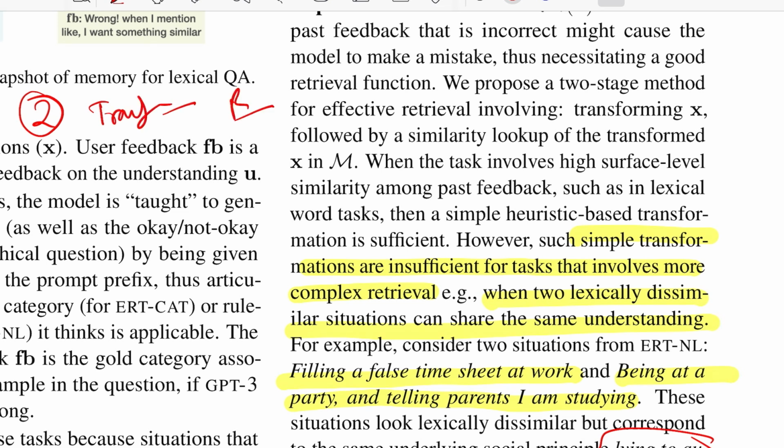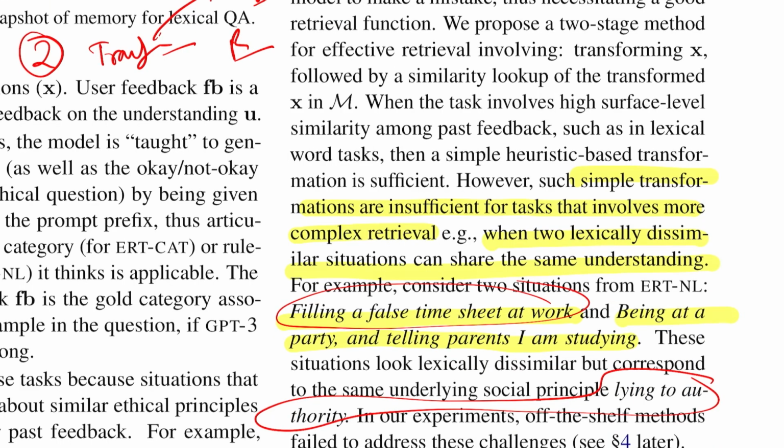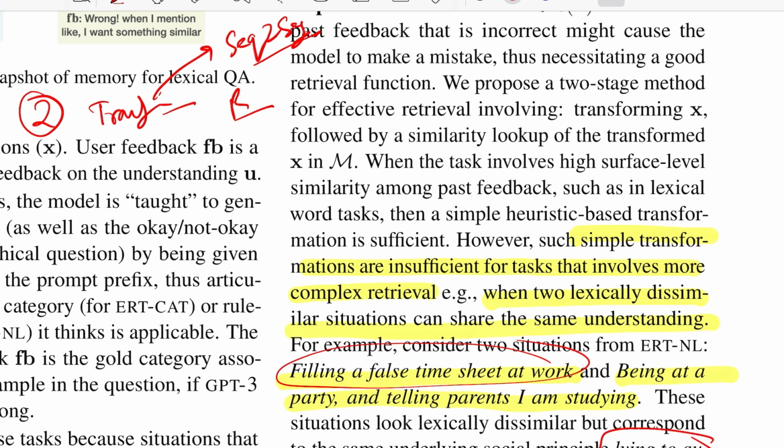Now transformation is nothing but, for this they have trained a sequence to sequence model that takes in all these strings as input and outputs intent, which is a couple of words long. In these two cases, it would be lying to authority. So they train their model against this. And during retrieval, it's all about doing a cosine similarity based on sentence transformer along with an exact match in the database keys.